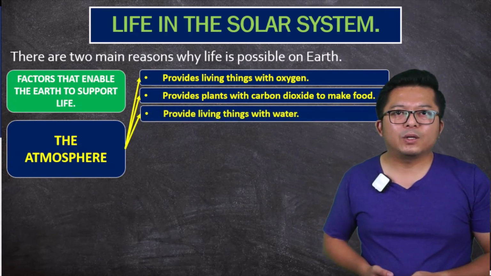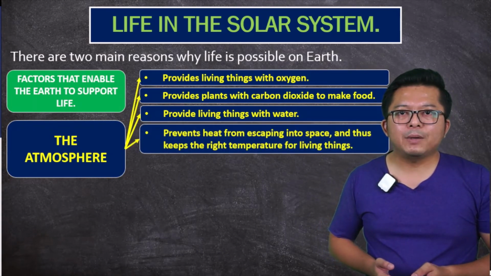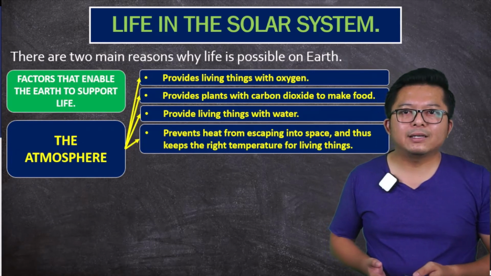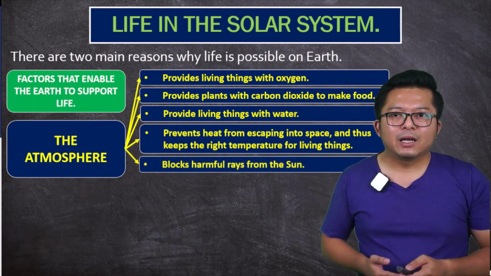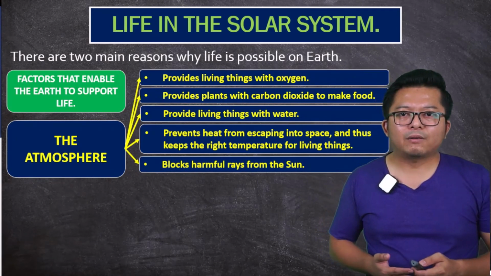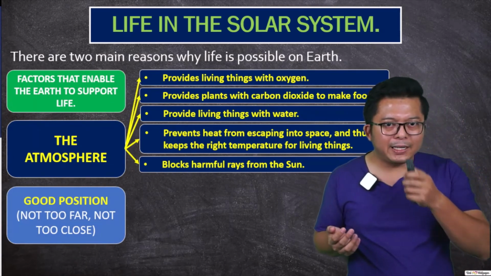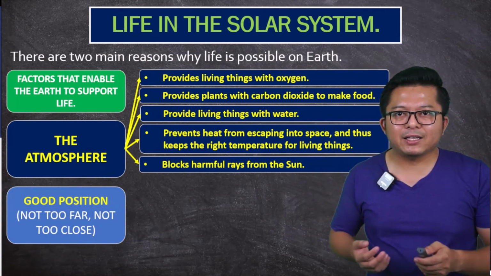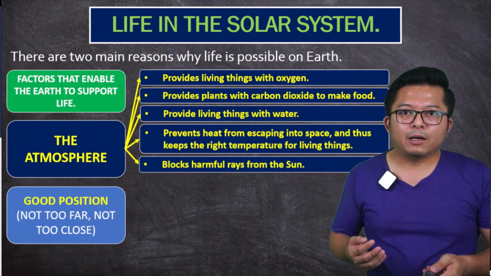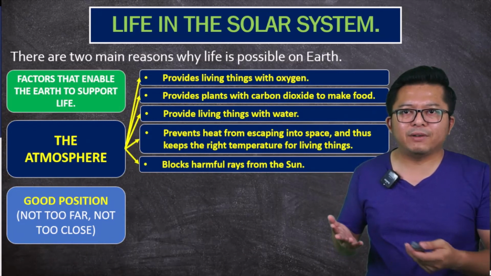It provides living things with water, and prevents heat from escaping into space, and thus keeps the right temperature for living things. It blocks harmful rays from the sun. Okay, the atmosphere includes the sky and the clouds.